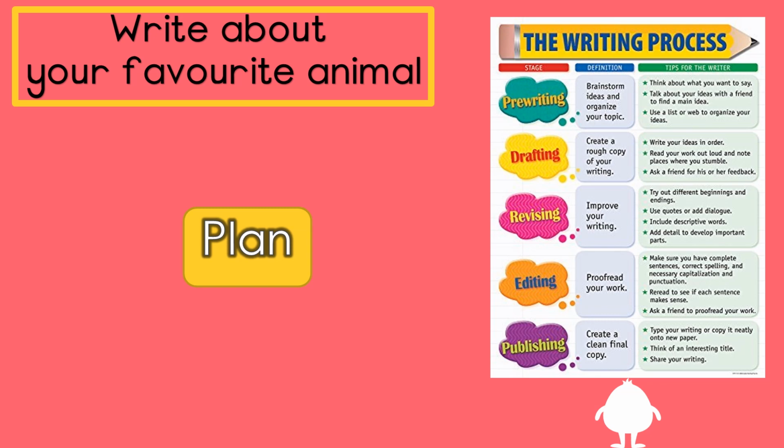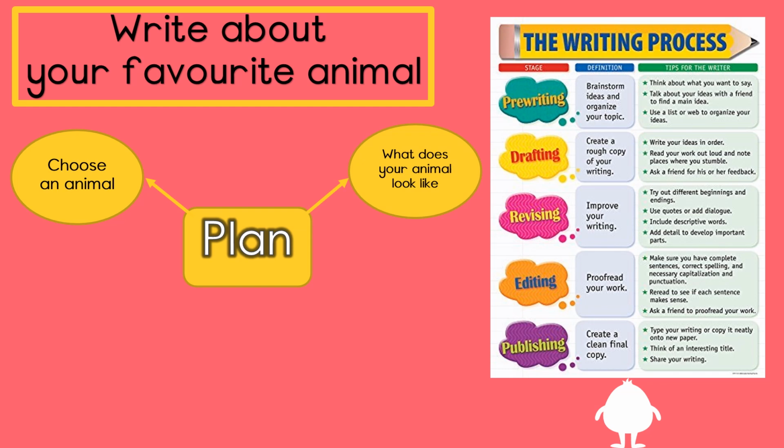I am going to give you some examples of your planning phase. I want you to write a story of at least 5 sentences about your favorite animal. So the first thing you need to do before you start writing is to choose an animal. What are you going to be writing about? What is your favorite animal?